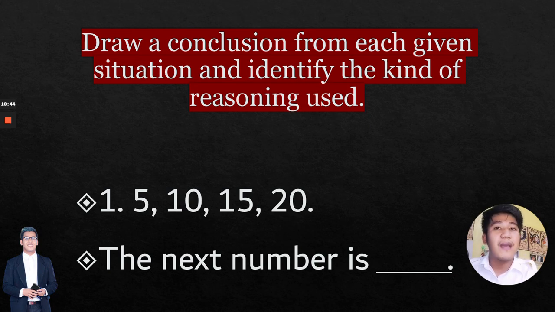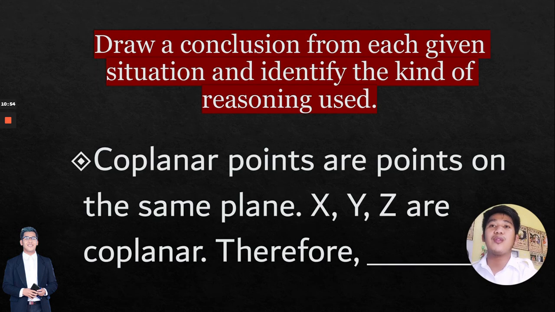In number 1: 5, 10, 15, 20, the next number is blank, and then identify if the reasoning used is inductive or deductive. The same with number 2: coplanar points are points on the same plane; X, Y, Z are coplanar. Therefore, what is your conclusion and what is the reasoning used?